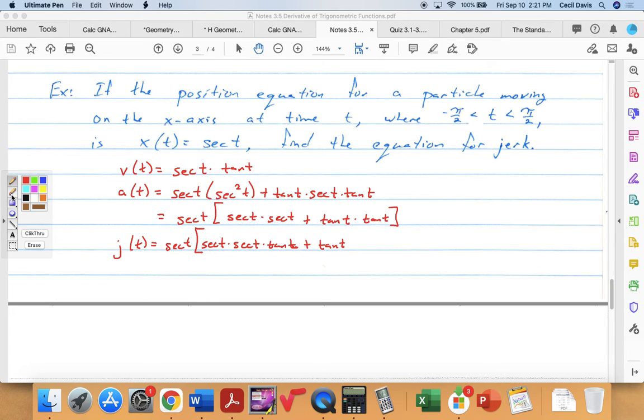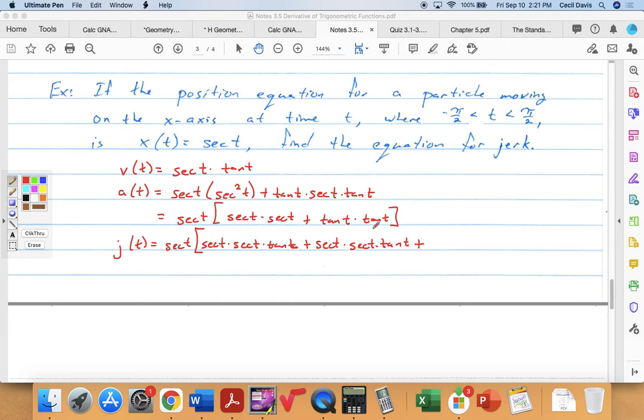Back up. Plus, now I have to keep the second term. So it'll be secant t times the derivative of the first secant, which is secant t tangent t. So that's the product rule for the first one.